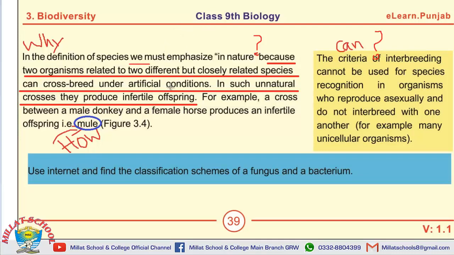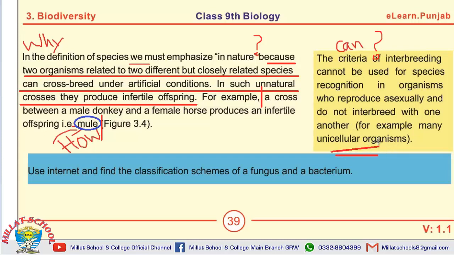And the next question is, how is a mule produced? A cross between a male donkey and a female horse produces an infertile offspring, that is mule. And the third question is, can the criteria of interbreeding be used for all species or for unicellular organisms?